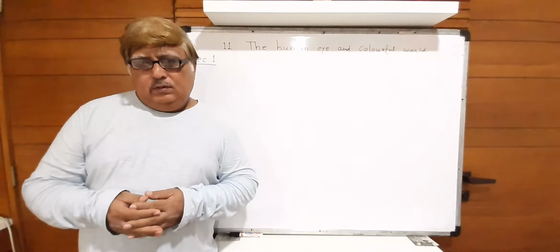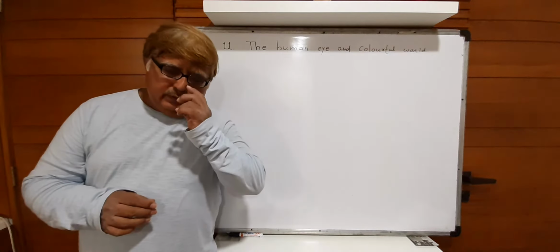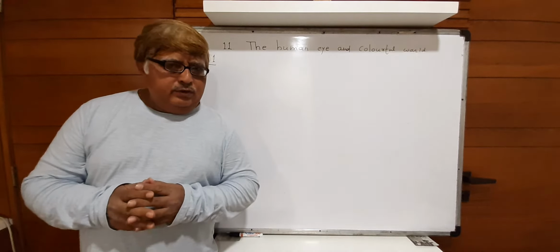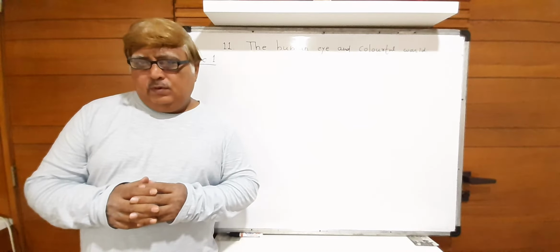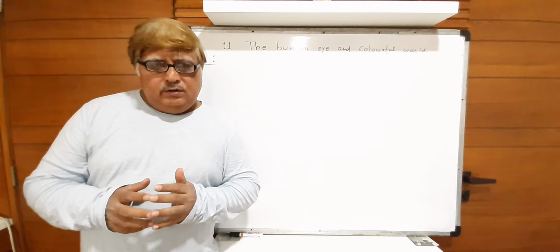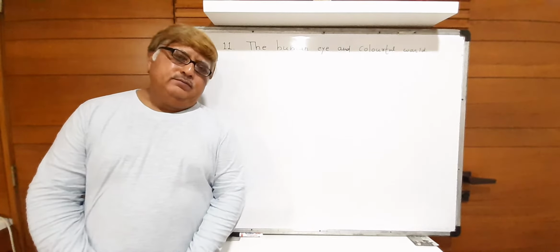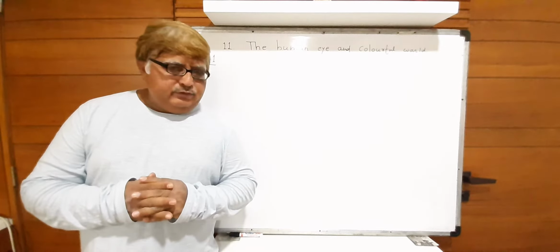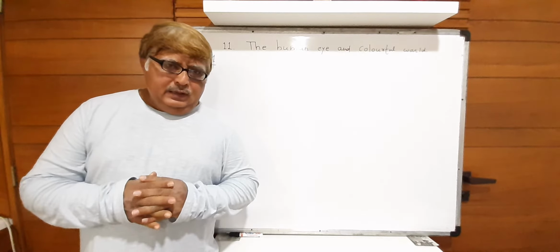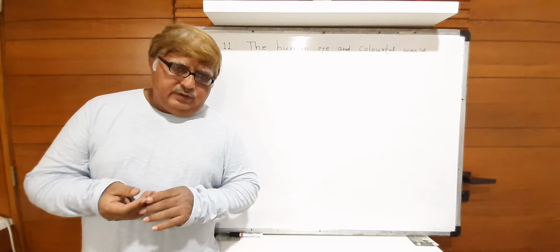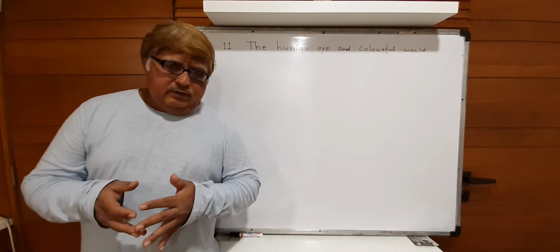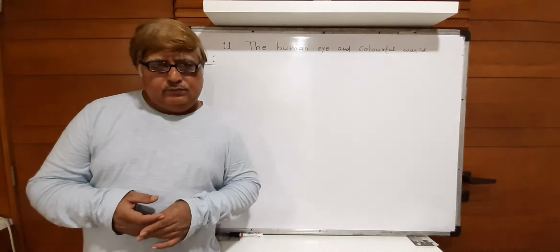So if you summarize, some of the topics of this chapter look like this. Today, in lecture number 1, we are going to study the internal structure of the eye, then power of accommodation, and if we can extend the lecture, we will also start defects of vision.